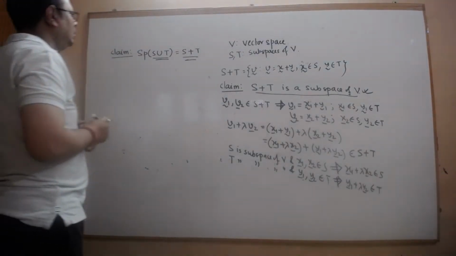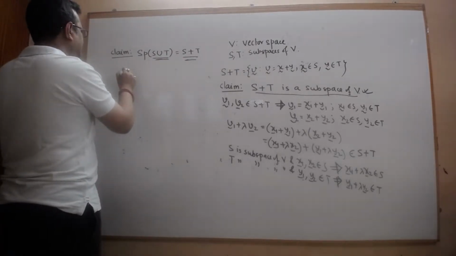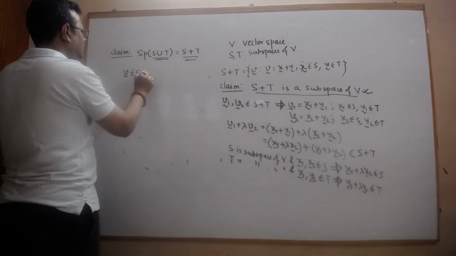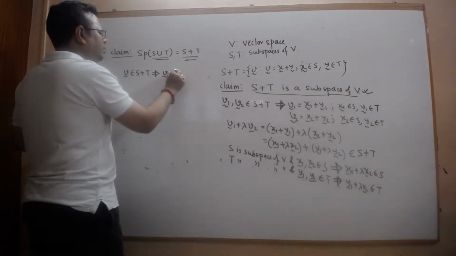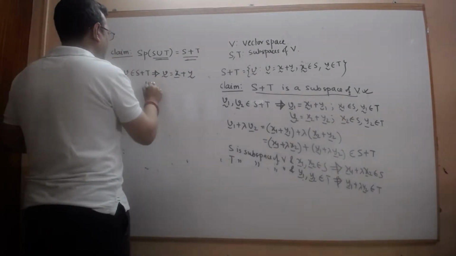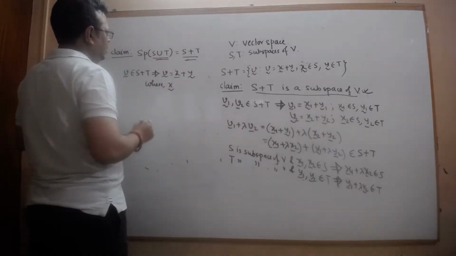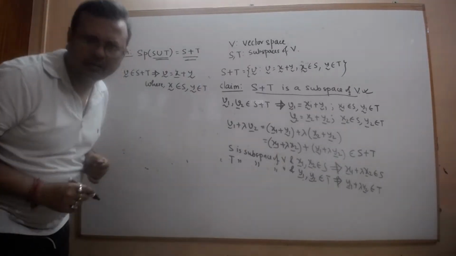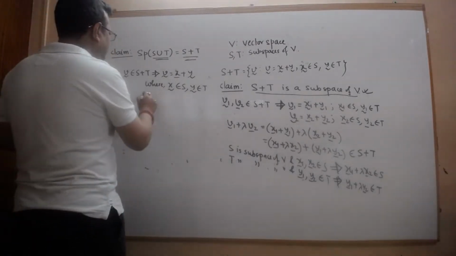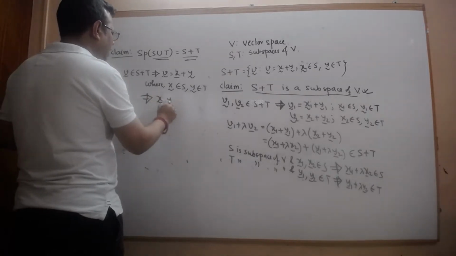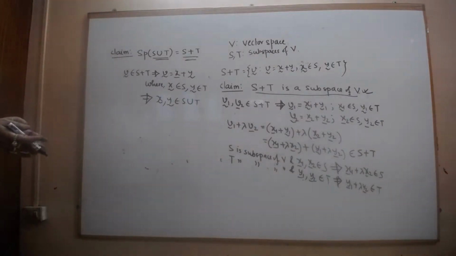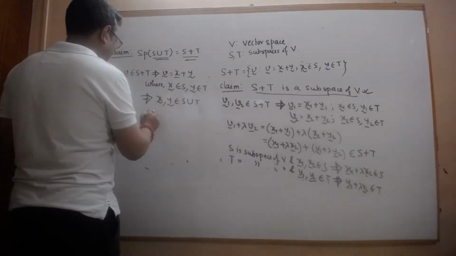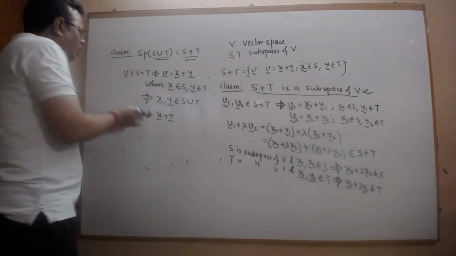So, any vector v belonging to S plus T implies v can be written as x curl plus y curl, where x curl belongs to S and y curl belongs to T. This implies x curl, y curl belong to S union T, and x curl plus y curl is a linear combination of x curl and y curl.